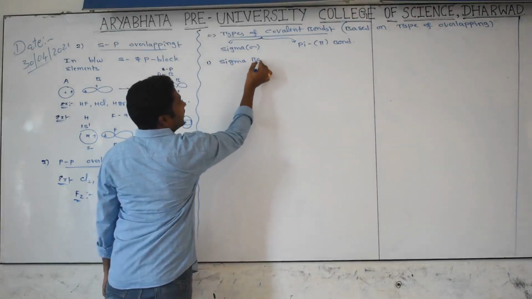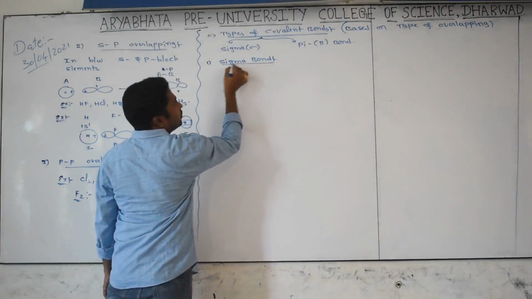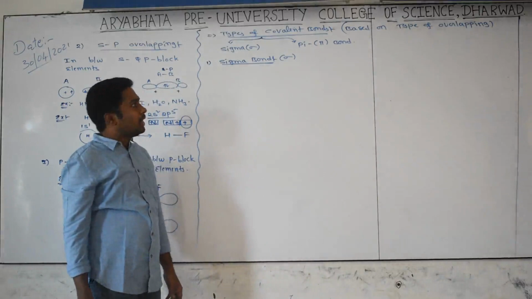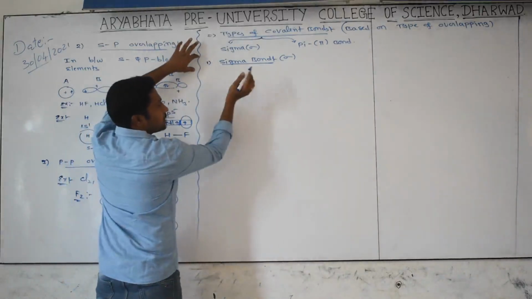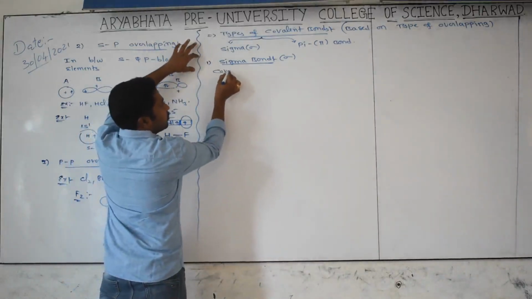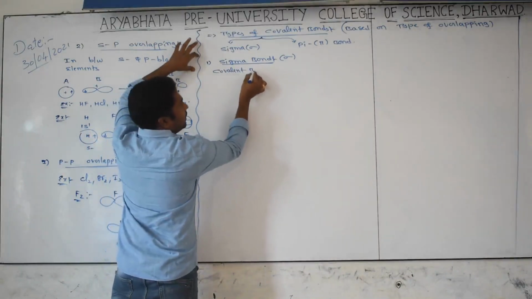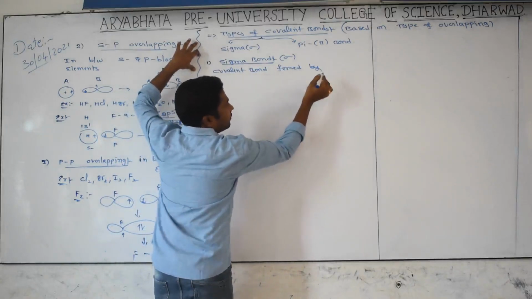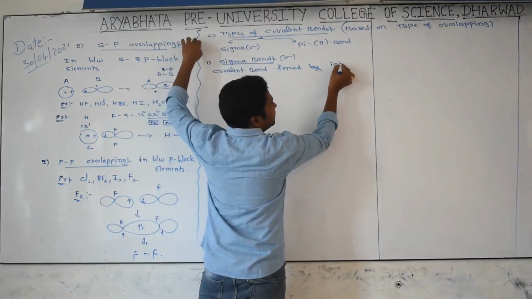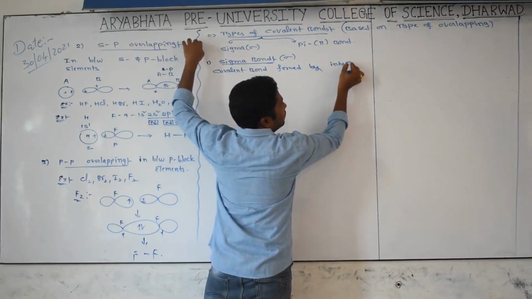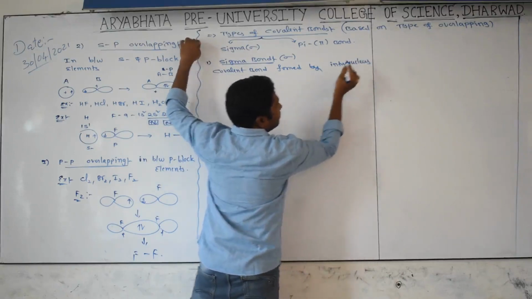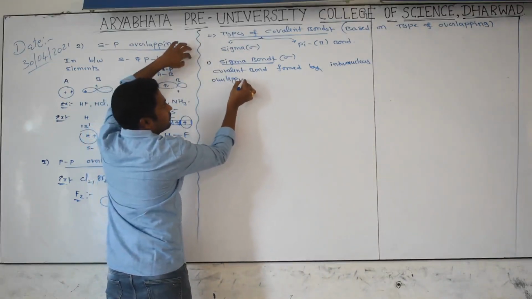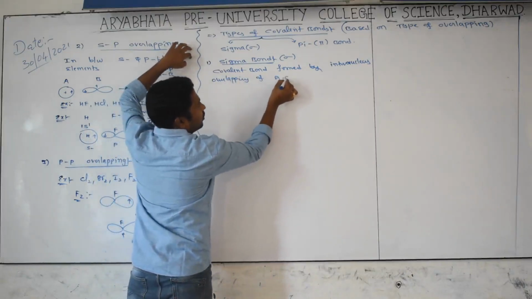Does anybody know the meaning of sigma bond? Do you have any idea? Right now you don't have any idea, so I will tell you, listen carefully. First I will write the definition. Sigma bond is the covalent bond formed by internuclear overlapping of atomic orbitals.